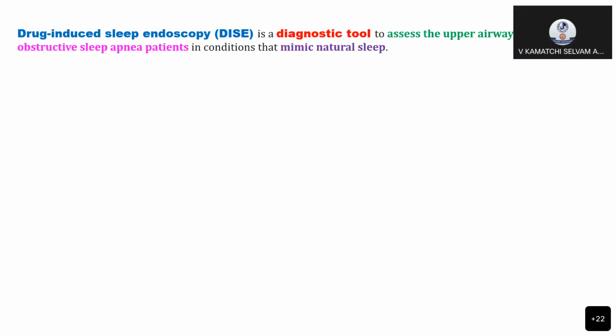Yes, sir. Okay. So the drug-induced sleep endoscopy is a diagnostic tool, as you rightly said, to assess the upper airway of snorers and obstructive sleep apnea patients in conditions that mimic natural sleep. We do overnight polysomnography during the natural sleeping time of the patient.